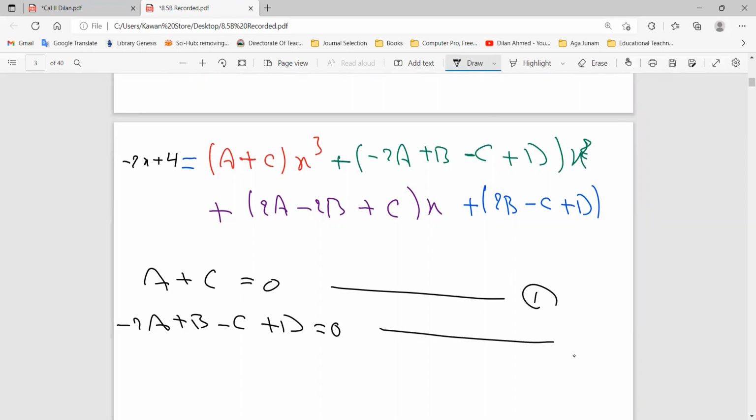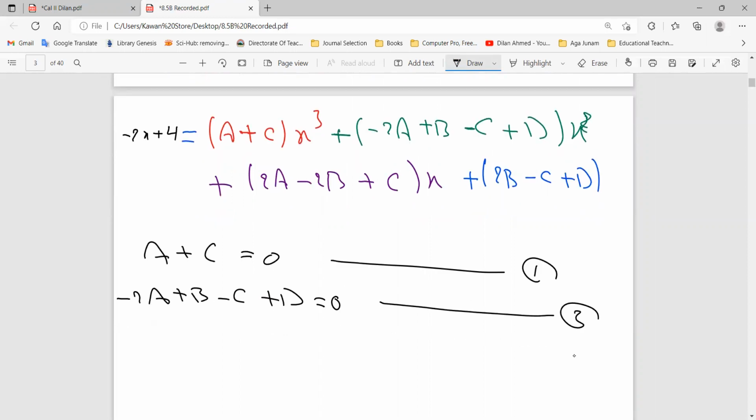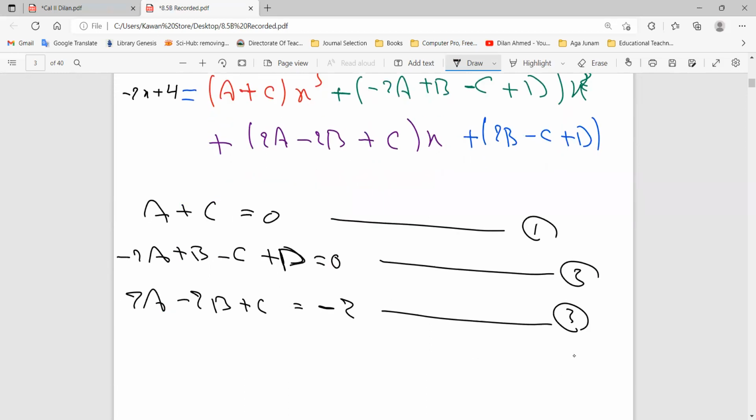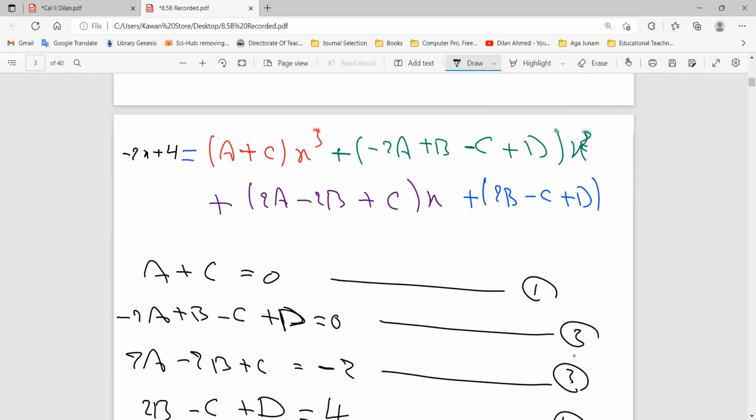Again, 0. And 2a minus 2b plus c equal to what? Equal to minus 2. And 2b minus c plus d equal to 4. Do you understand why?